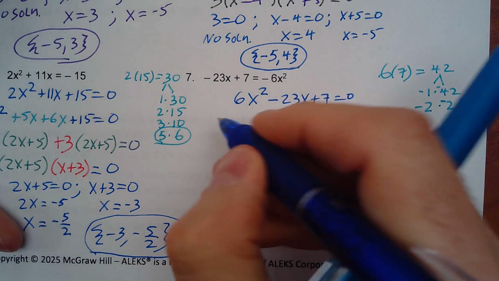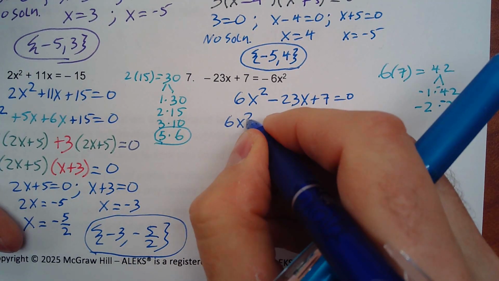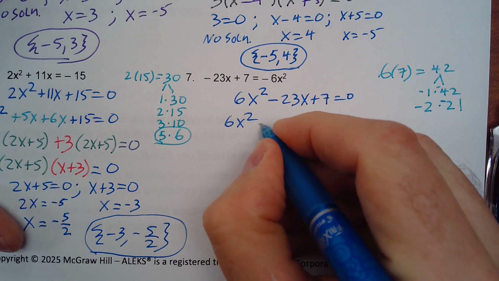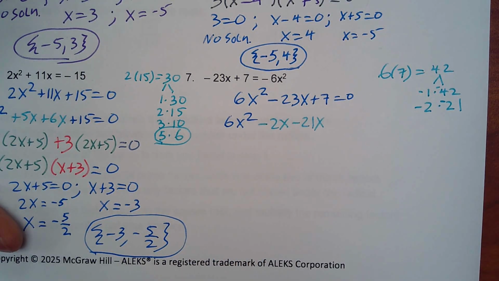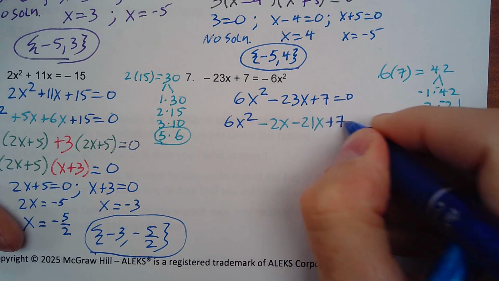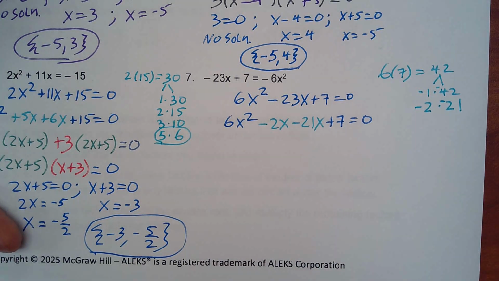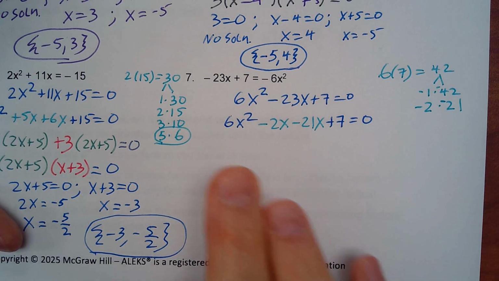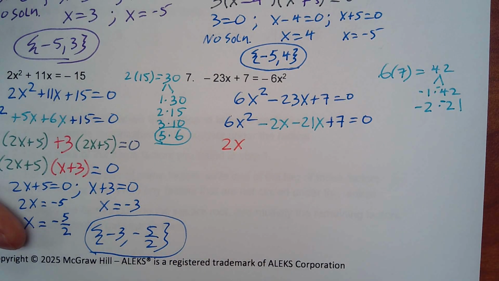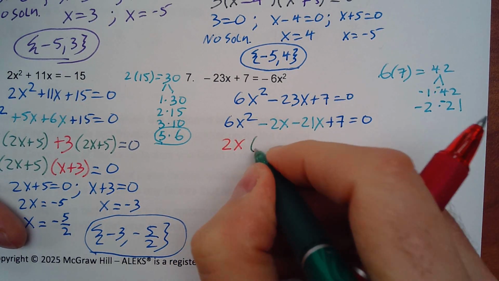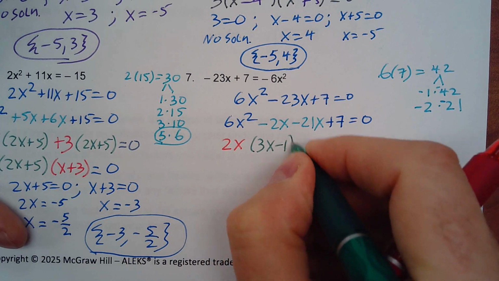So now we're going to rewrite this as 6x squared minus 2x minus 21x plus 7. And then we're going to do our factor by grouping. First two terms have a common factor of 2x, leaving 3x minus 1.